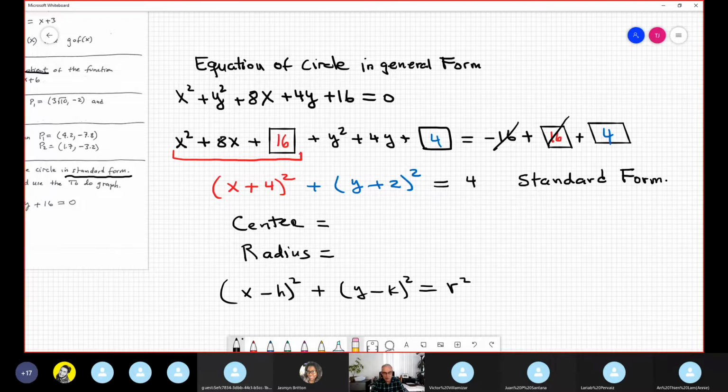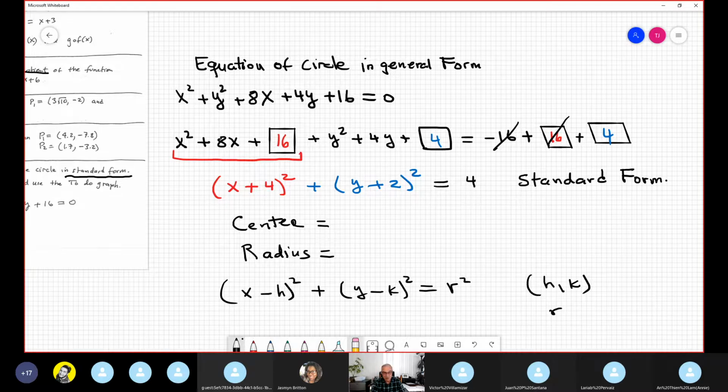And the center is h comma k in general, and the radius r, little r. So in our specific example, what is the center? It's located at the point. Be careful with the sign.